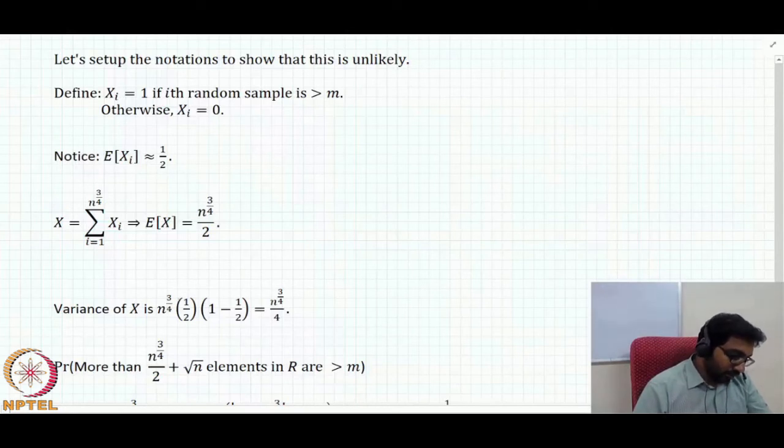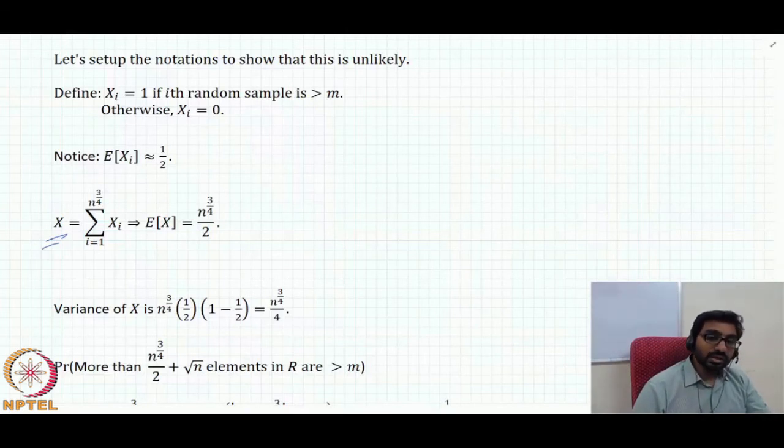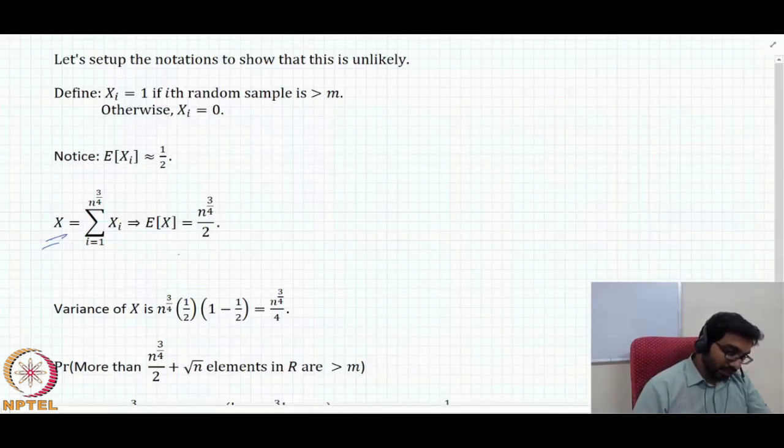Okay, and of course now with these we aggregate these indicator random variables to define X to be the sum of all these indicator random variables, and there's a total of n to the 3/4 such indicator random variables, because R has cardinality n to the 3/4. So the expectation of X is n to the 3/4 divided by 2.